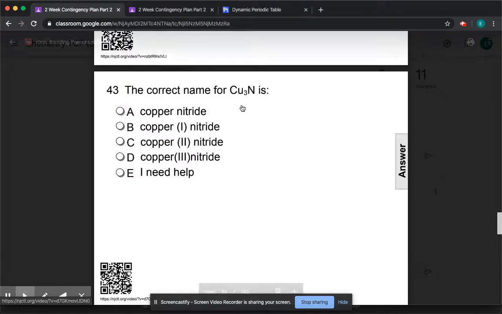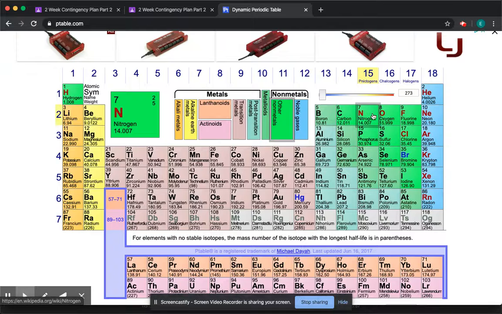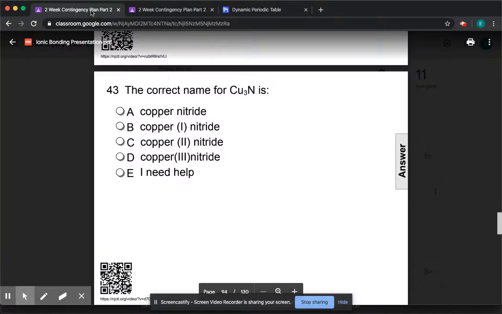And then the correct name for Cu3N is what? Okay, where is N on the periodic table? It's in group 15, it has 5 valence electrons, so it is going to have what charge? A -3 charge. And how many of those do we have? We have 1 nitrogen. So what is the charge from the nitrogen? -3. Copper. How many of those do we have? We have 3 coppers.